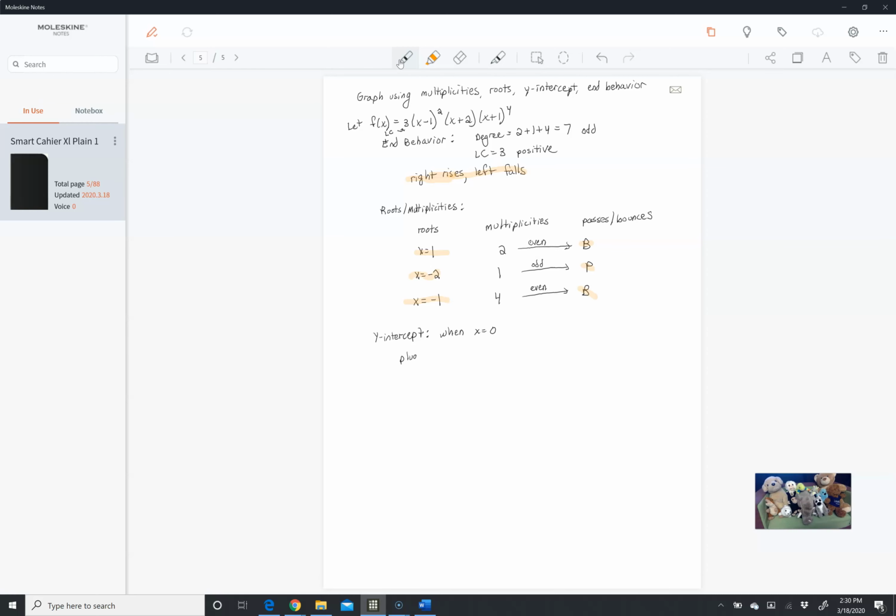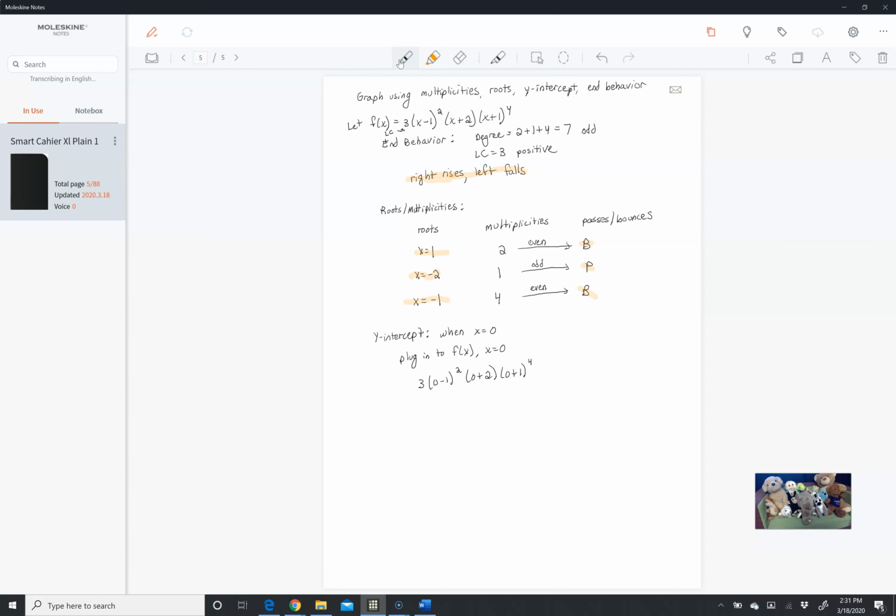So we're going to plug in to f of x equals 0. So we have 3 times 0 minus 1 squared times 0 plus 2 times 0 plus 1 to the 4th. And just be careful here.